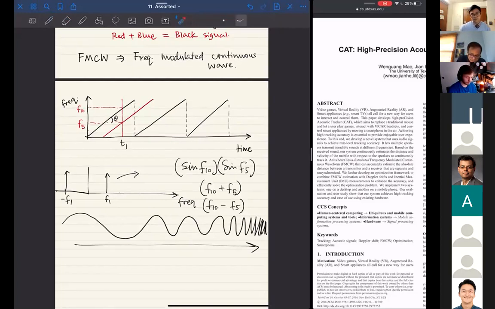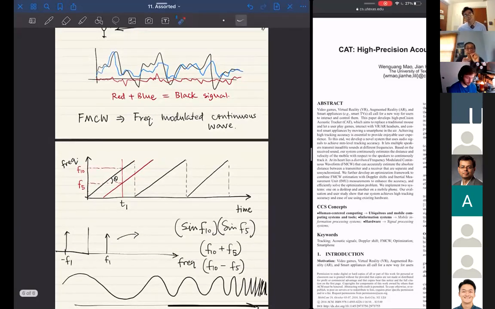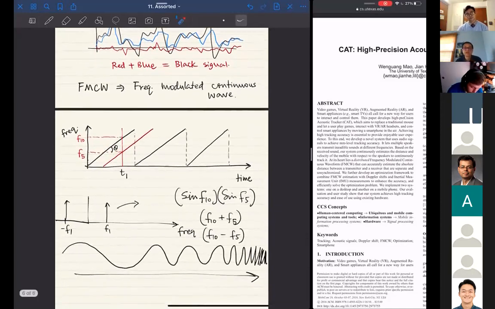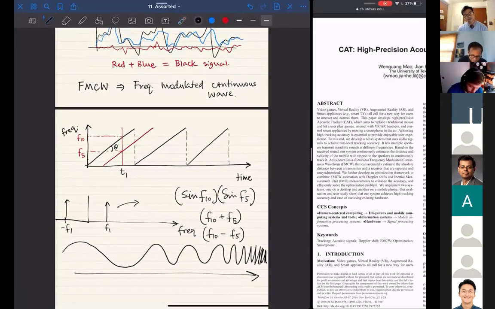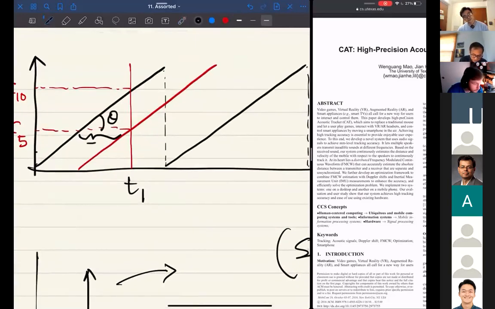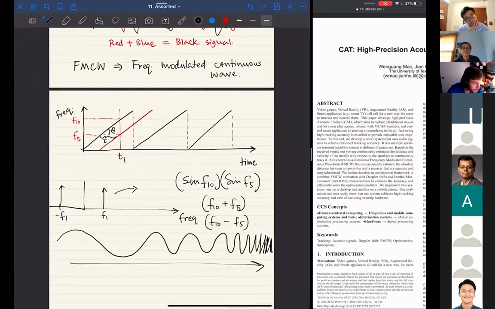F10 minus F5 is this value. You agree? What do you want? You want the time it takes for the signal to go and reflect back and come back. Which value is that? This is this value. Make sense? Because this is the time it took for that frequency to reflect and come back to you. Someone tell me, how do I solve for this time? Because this is what I care about. This tau is what I care about. So how do I solve for tau?